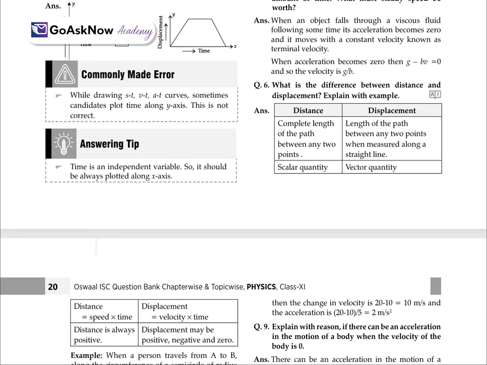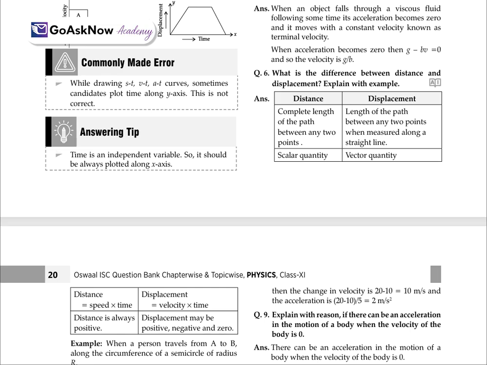Very important question, this one. What is the difference between distance and displacement? Explain with an example. We have already studied it, but I'm going to explain it again. Distance means the complete length of the path between any two points. But displacement is the length of the path between any two points when measured along a straight line.